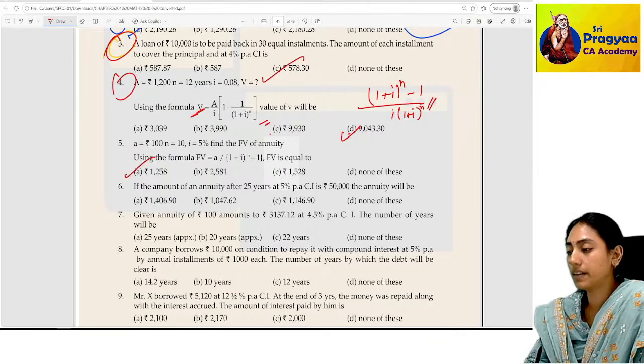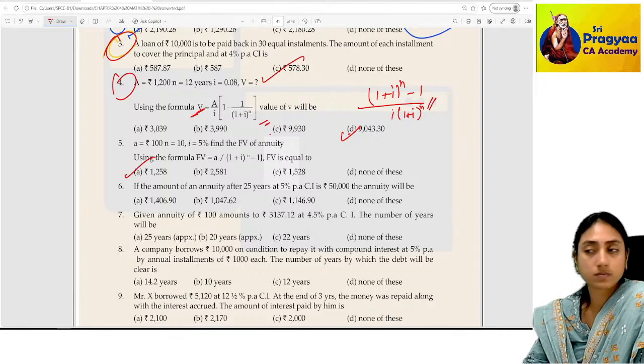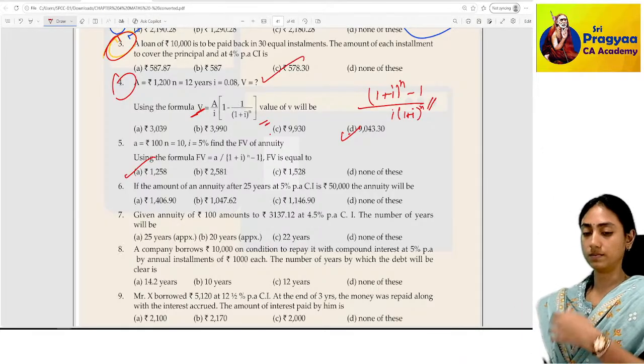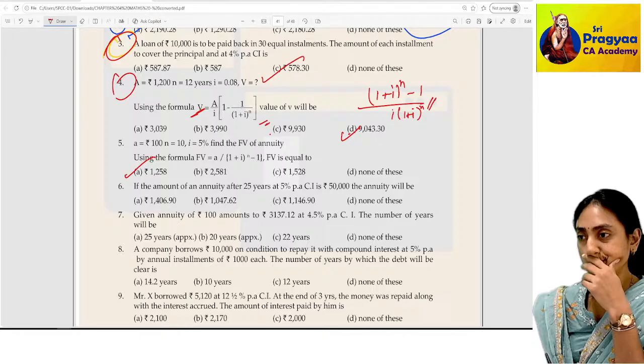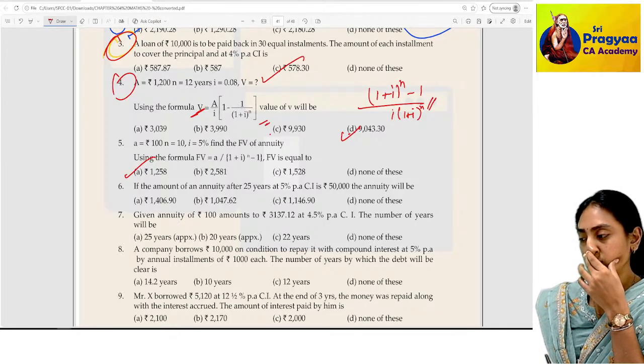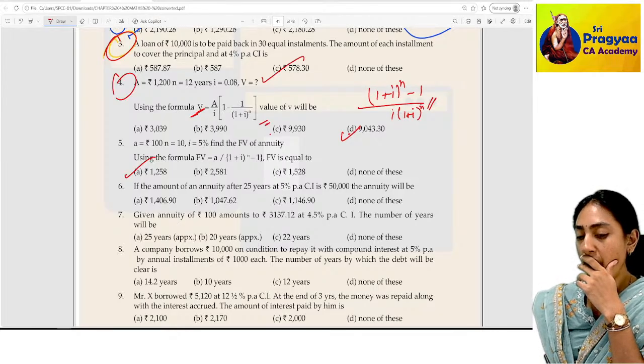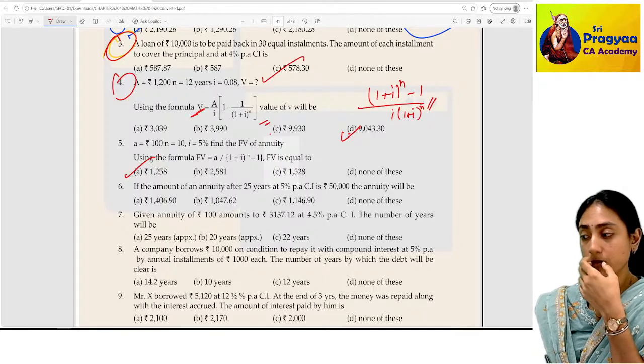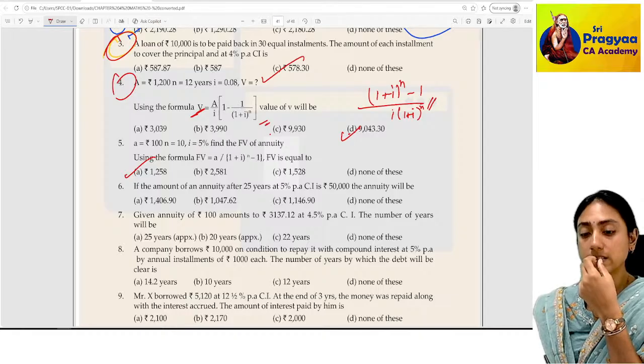That divided by 2.2433 பண்ண எவ்வளவு வருது? அதானே ஆன்சர். சி.